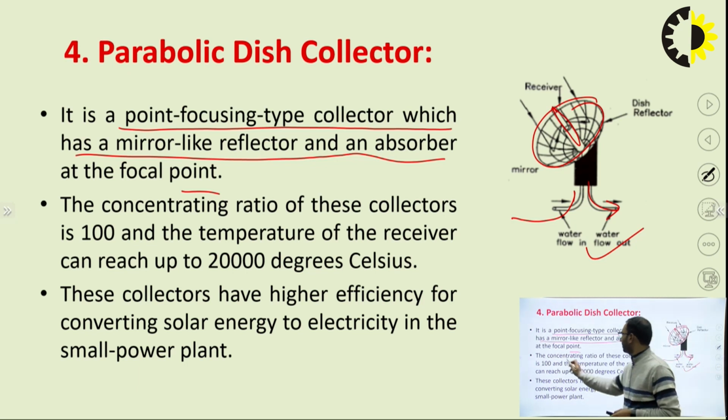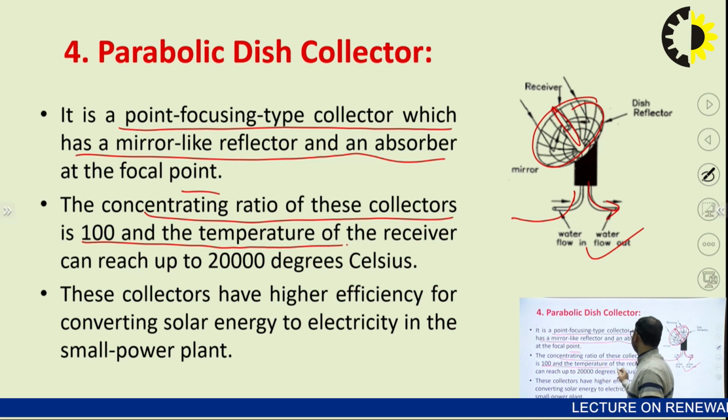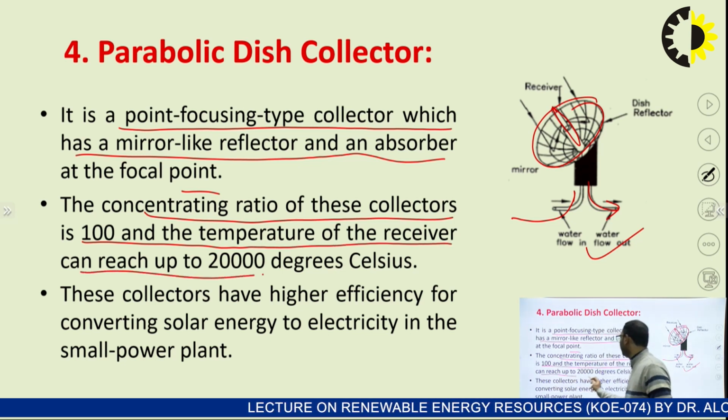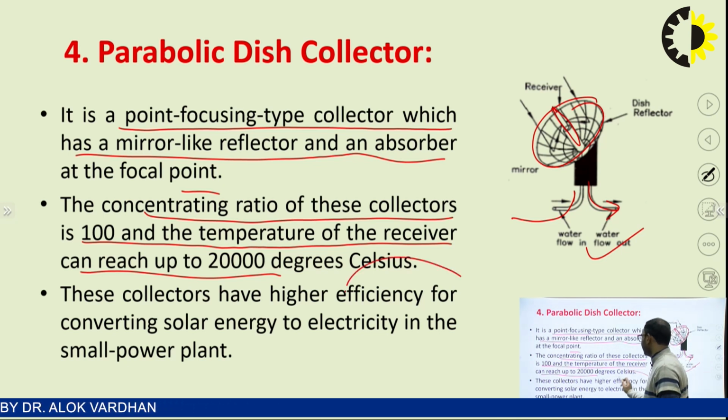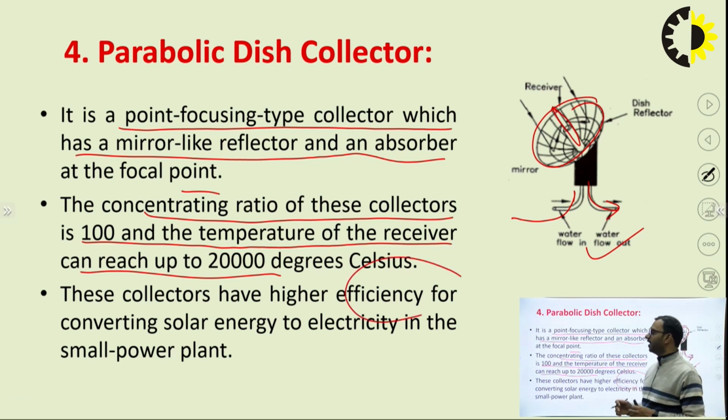The concentration ratio of these collectors is 100, and the temperature of the receiver can reach up to 20,000 degrees Celsius. These collectors have higher efficiency for converting solar energy to electricity in small power plants. With the parabolic dish collector we can achieve the maximum temperature, so this type of collector is preferable for a small power plant.